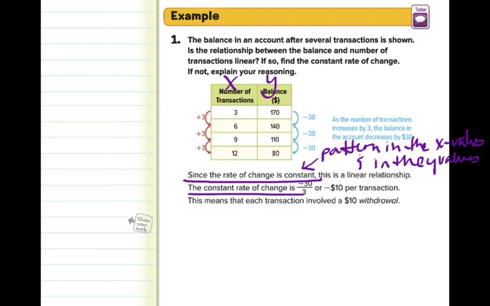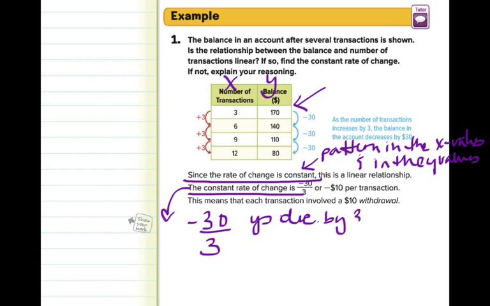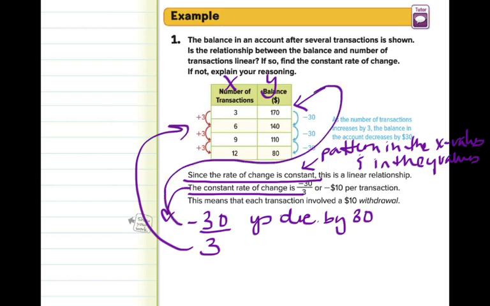Constant rate of change. My constant rate of change is negative 30 over 3. And here's what that means. If we look at our y's first. Do you see how my y's are decreasing by 30? Okay. And for the 3, my x's increasing by 3.